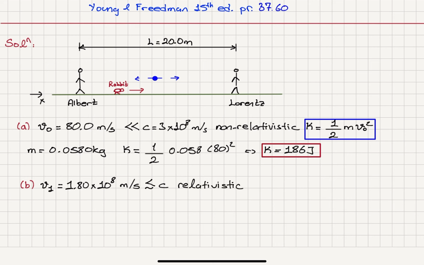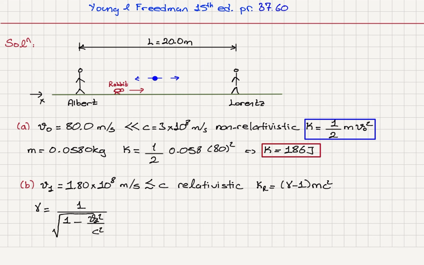So the relativistic kinetic energy is given by gamma minus 1 times mass times speed of light squared. The relativistic correction factor gamma is 1 over square root of 1 minus V1 squared over C squared.